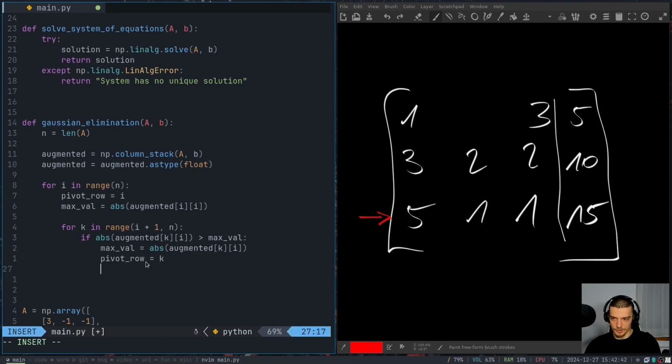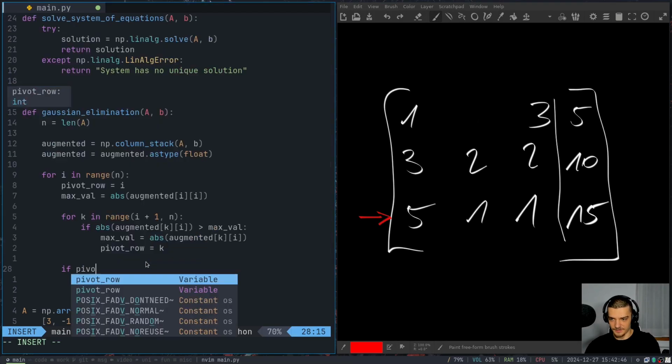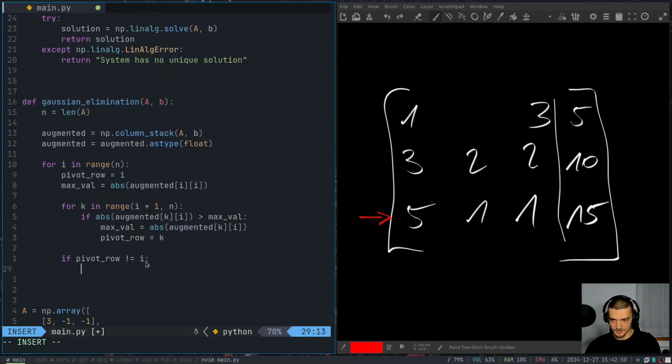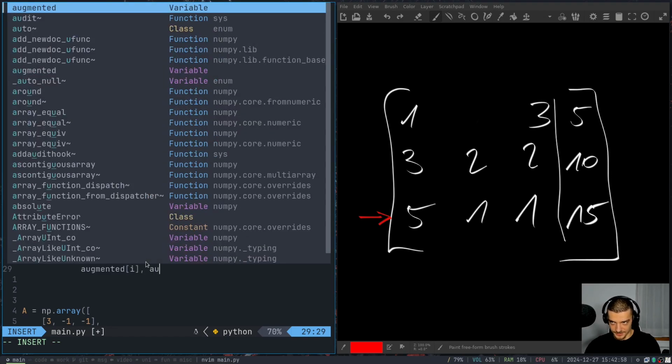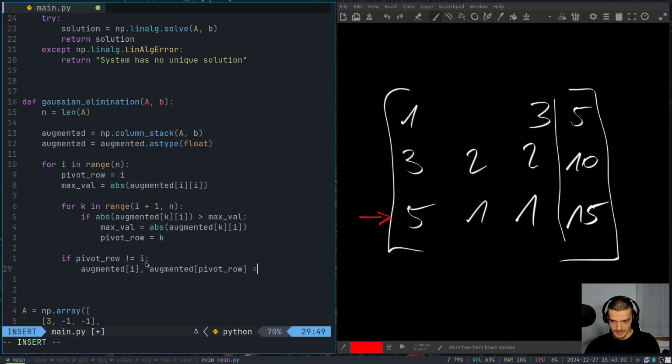And once I'm done with all the rows, so I definitely found the best one, I'm going to say if the pivot row did not remain the same, so if it's not equal to i, I'm just going to swap the rows. So augmented i and augmented pivot row, whatever it is, is just going to be swapped.